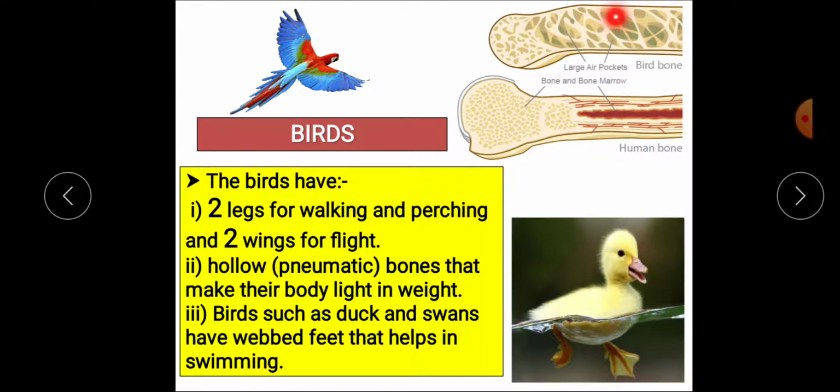It has hollow parts in it, and that makes the body of the birds light, so they can easily fly. Next, there are some birds which are expert in swimming, for example, ducks and swans. In their feet, they have this web-like structure which helps them in swimming.